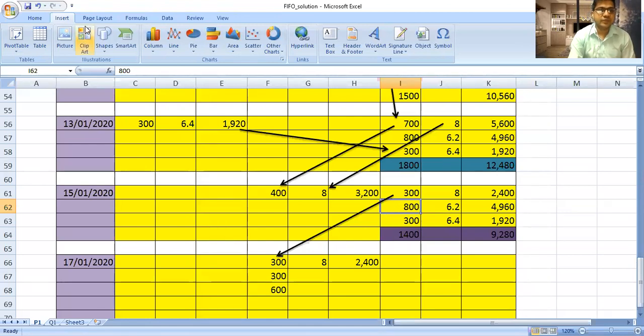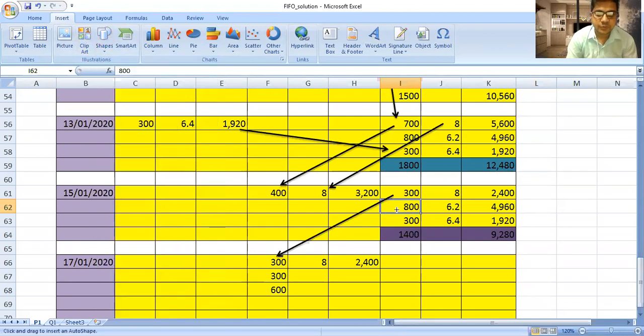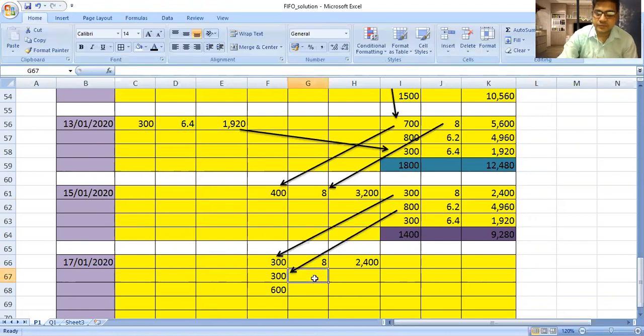From these 800 units, 300 units we have to use for sold purpose. Their rate is different, 6.20. So 300 into 6.20, use your calculator, the value is 1860.